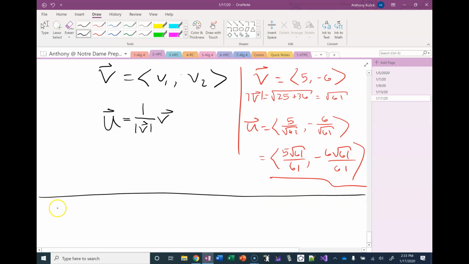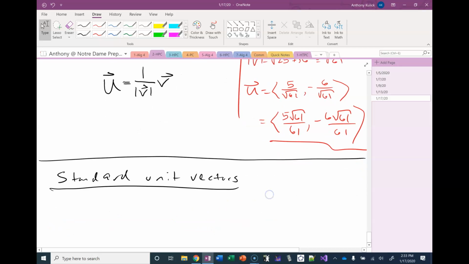So we have two special unit vectors called the standard unit vectors. One of them we call vector i, which is the vector 1, 0. And the other one we call vector j, which is the vector 0, 1.